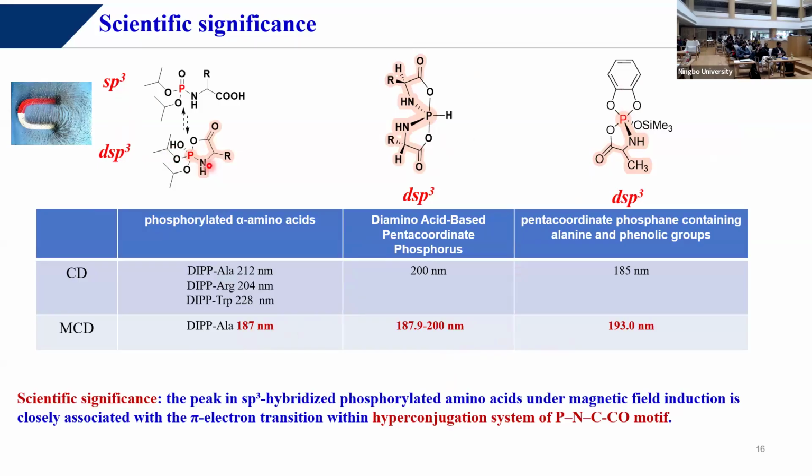I think they are closely associated with this pi electron transition within this hyperconjugation system of phosphorus, nitrogen, carbon, and carbonyl moiety.